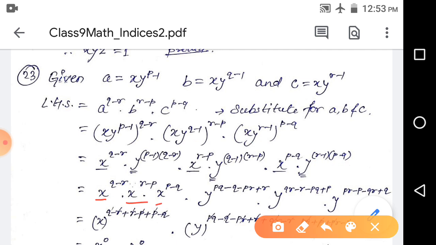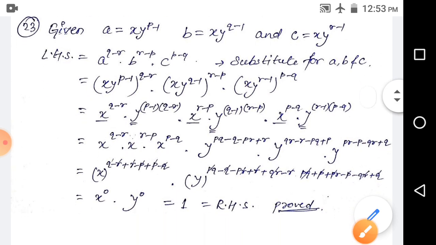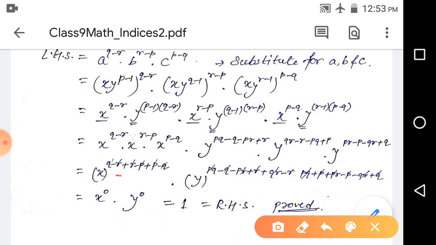These are x with different powers, and as those are multiplied, the powers are added. So in the next line we have added the powers of x because all have the same base x, and all the exponents cancel together, and what is left is 0. So for x the exponent is 0.